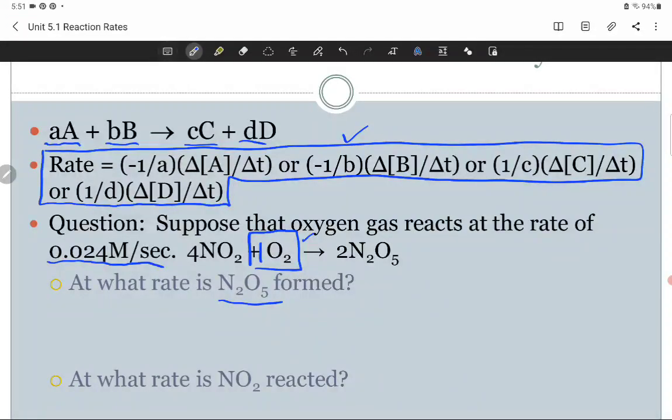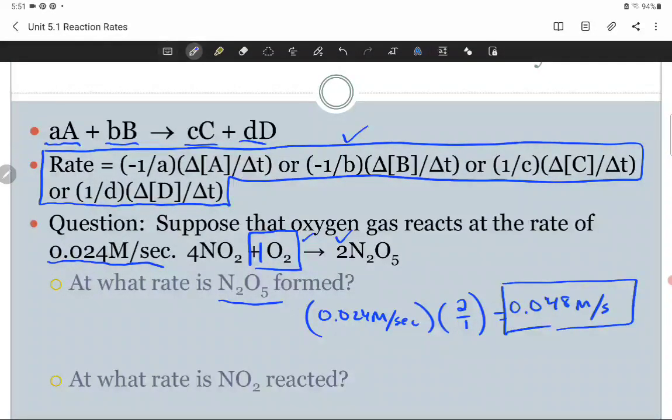So in O2, it is 0.024 molarity per second, and then the relationship between the chemical N2O5 and O2 is a 2-to-1 ratio. So all we have to do is multiply by 2. So for N2O5, it's going to be 0.048, 2 times that value.